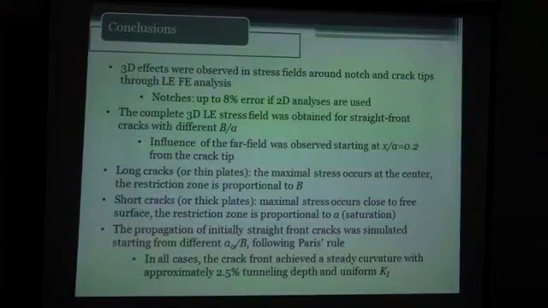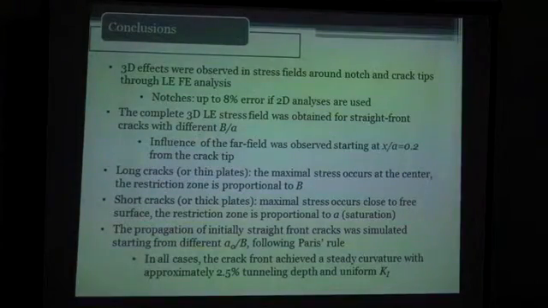The complete 3D linear elastic stress field was obtained for straight front cracks with different thickness, different ratio between the thickness and the crack size. The influence of the far field was considered. Actually, we saw that it's important to consider the far field in the results, not using a K1 solution.